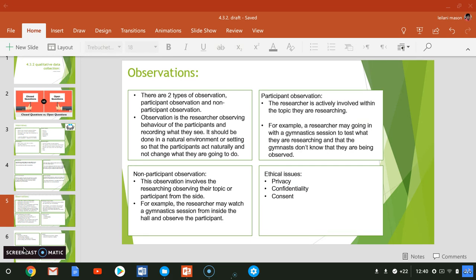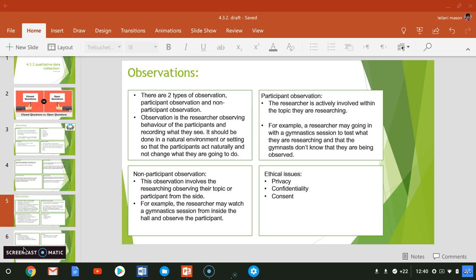So the researcher may go into a gymnastics session and test what they're testing, and the researcher will go into this session and make sure that the gymnasts don't know that they're being observed. So it's like a new person's coming to their training session. The data would then be recorded from their field notes within the session, with the gymnast's own thoughts and feelings and emotional experience.